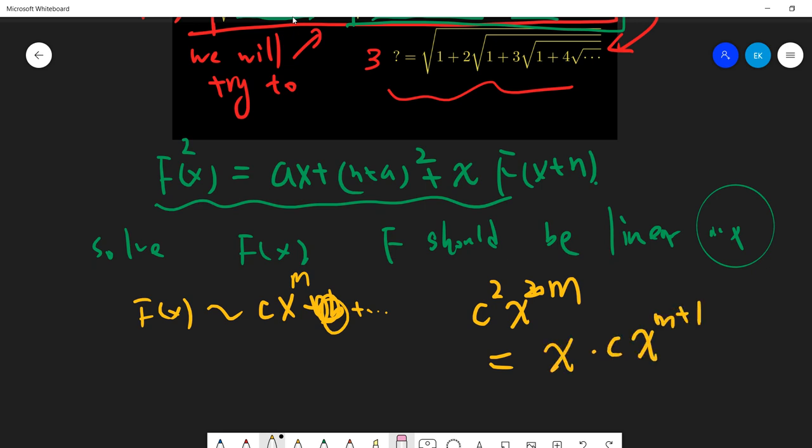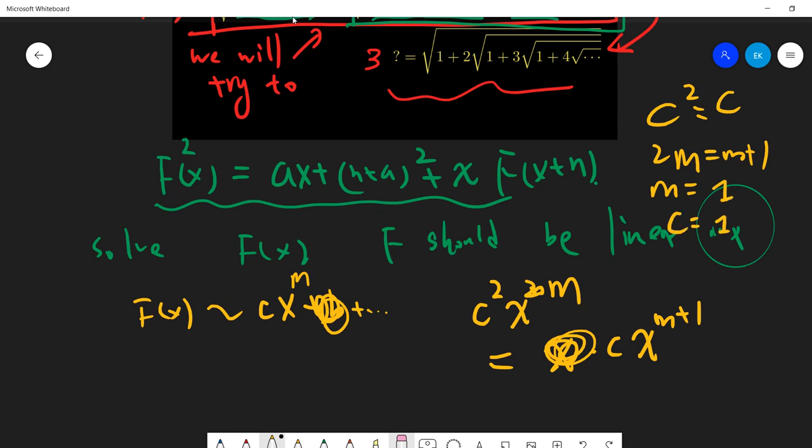To match these two, c squared must be c, and 2m must be m plus 1. So you get m equals 1 and c equals 1.